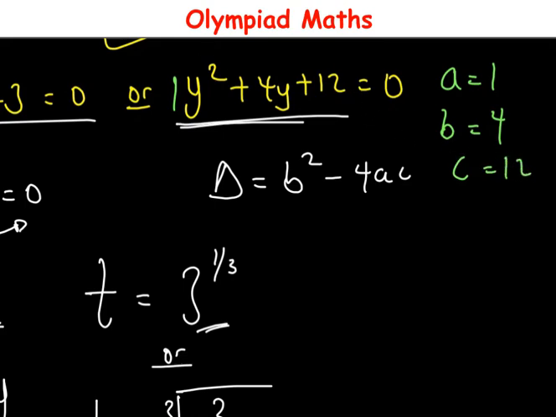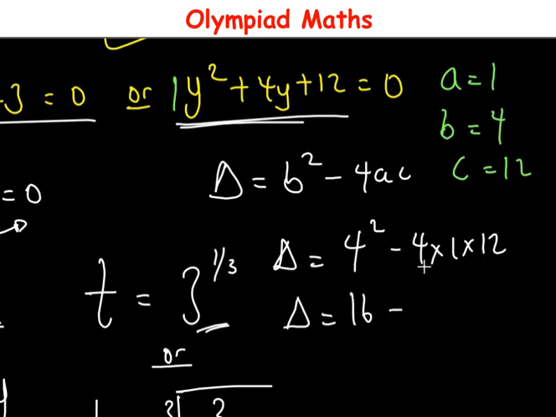So therefore, the discriminant is equal to b squared, 4 squared, minus 4 times a, which is 1, times c, which is 12. So the discriminant is equal to 4 squared, which is 16, minus 4 times 1 times 12, which is 48. From here, the discriminant is 16 minus 48, which is minus 32.